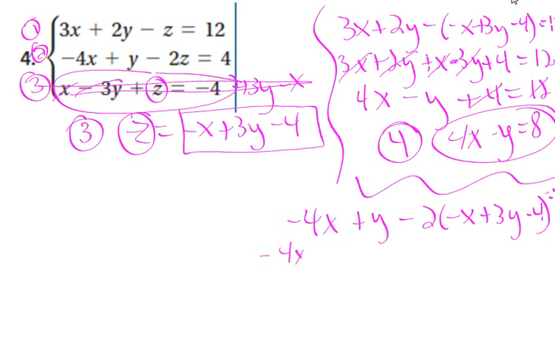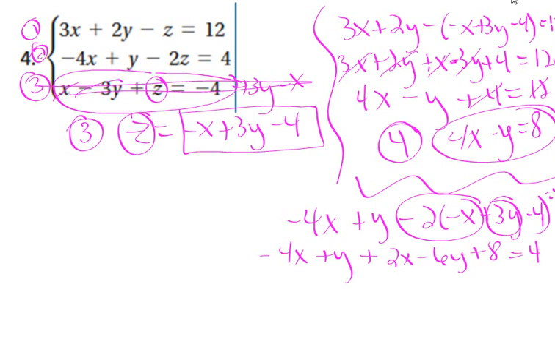Negative 4x plus y minus 2. Negative 2 times negative x is a positive 2x. Negative 2 times 3y is a negative 6y. And negative 2 times negative 4 is a positive 8. Equals 4.